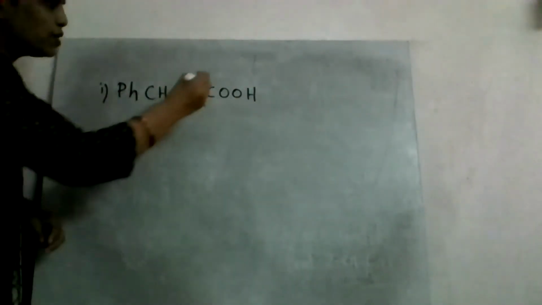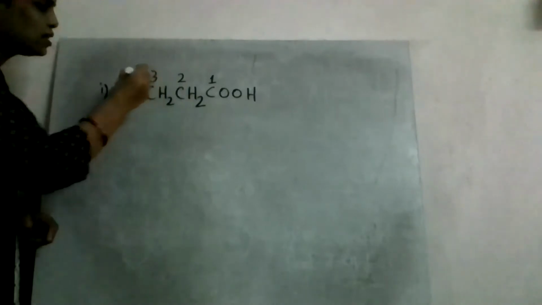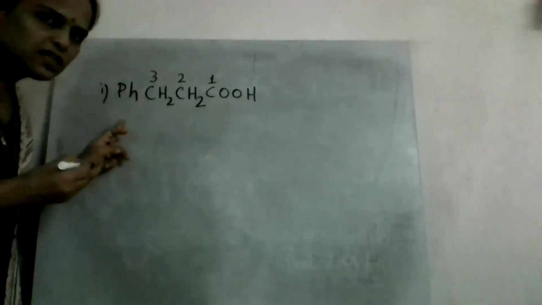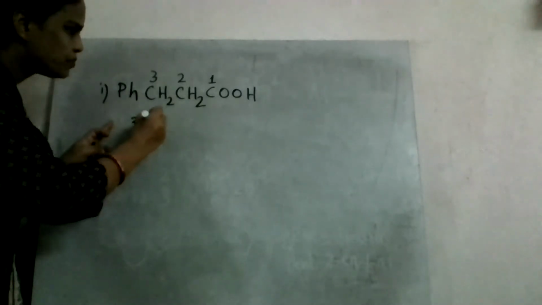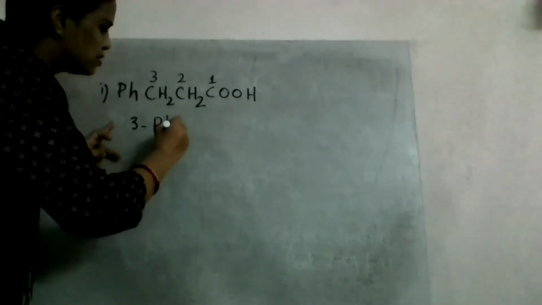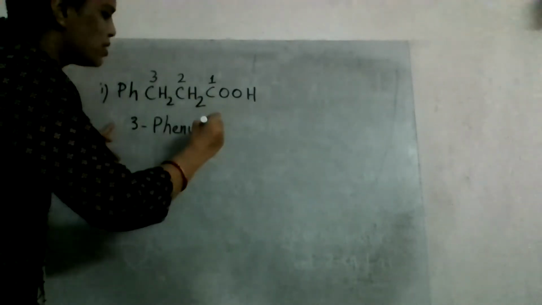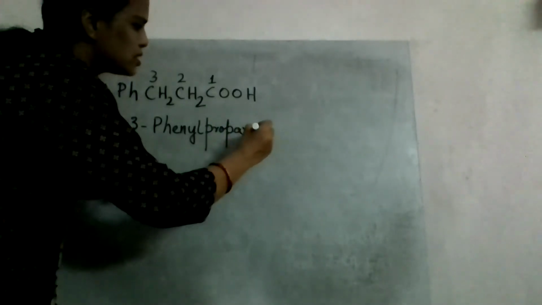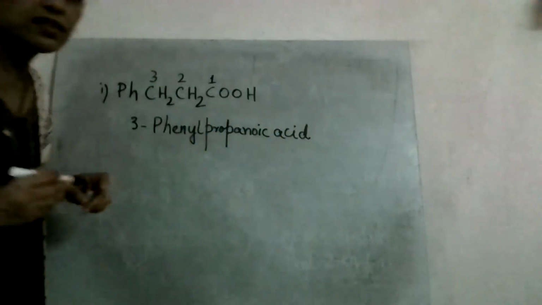For naming this compound, we number carbon atom 1 from the carboxylic acid group, then second carbon and third carbon. The third carbon contains a phenyl group on it. So the name is 3-phenyl. Three carbon atoms are there in the root word, so the name of this compound is 3-phenyl propanoic acid.